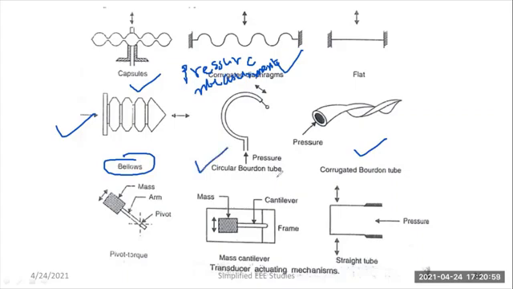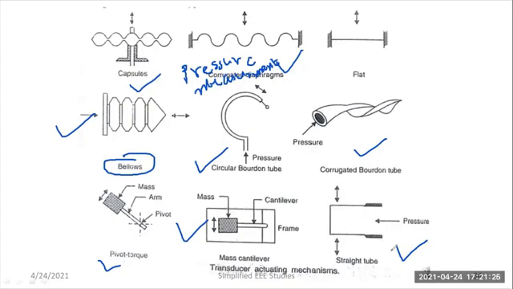Then the circular Bourdon tube is also available. Similarly, the mass cantilever. I'll be showing you an animated slide of this mass cantilever, then bellows, diaphragms, and so on. This is regarding pivot torque, and this is the straight tube. In fact, these devices involve a definite amount of actuating mechanism, and these devices are a part of the transducer.